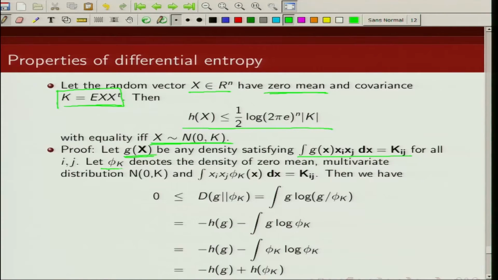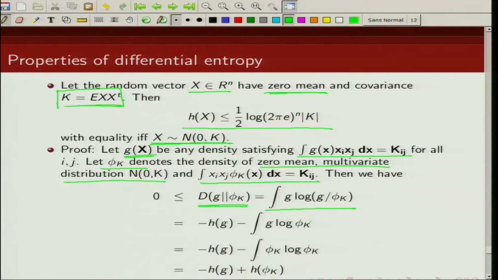Let phi K of x be the 0 mean multivariate normal distribution which has the same second order moment, which is given by K. Now let us compute the divergence between this density g and this 0 mean multivariate normal distributed phi K. This divergence between g and phi K can be written from the definition as integration of g log of g by phi K.